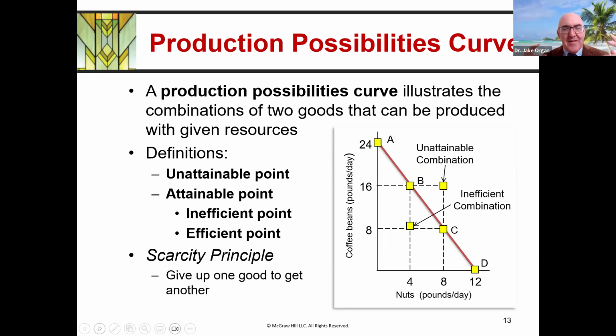And this is a very, very important principle, the scarcity principle. Ultimately, if you're the mayor of Memphis and say, yeah, we're going to spend more money on police, and then we're going to spend more money on trying to get the education, and we're going to spend more money on health.